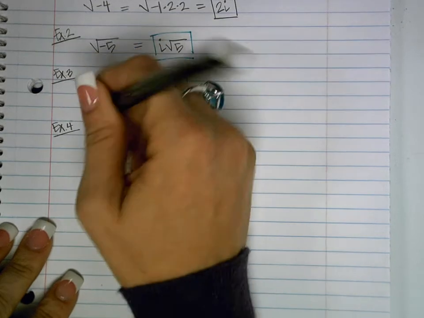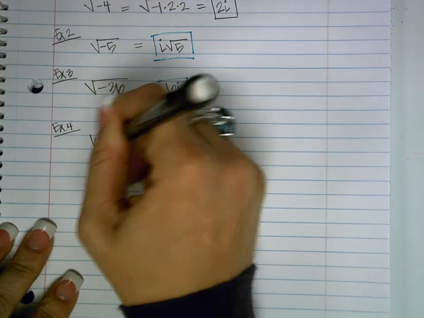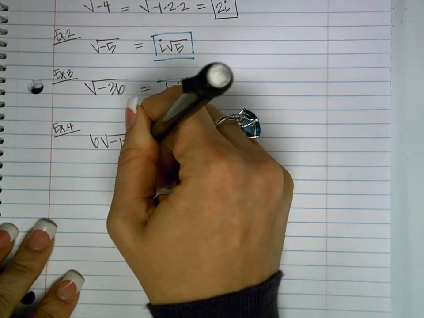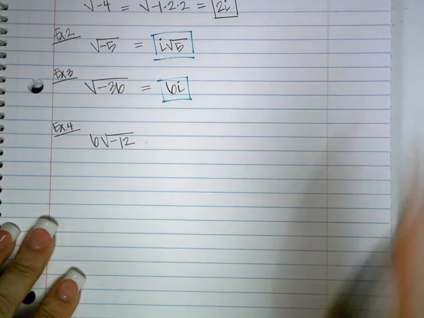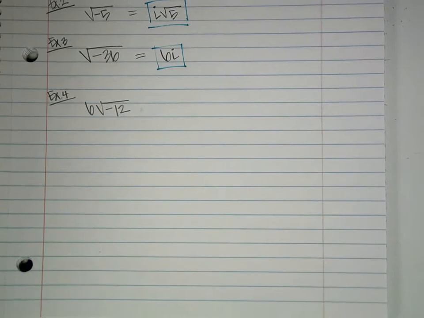For number 4, simplify 6 root negative 12. So you know you're going to be able to take out an i.